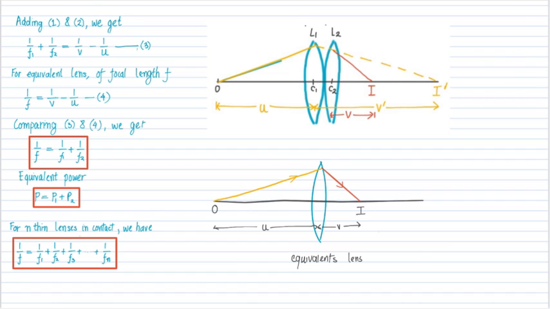If this is the focal length, then your equivalent power can be written as P equals P1 plus P2 plus the power of your third lens and so on till the power of your nth lens.